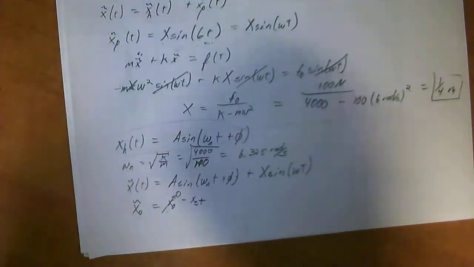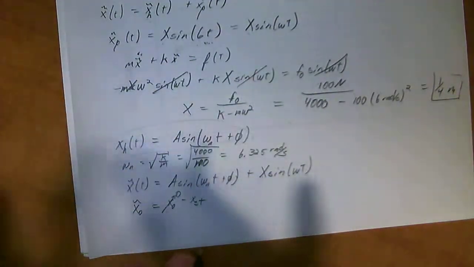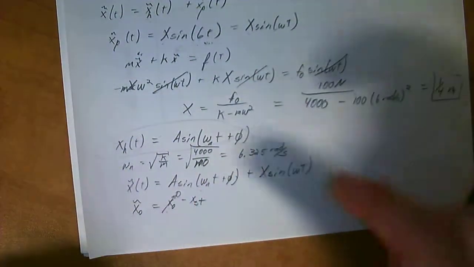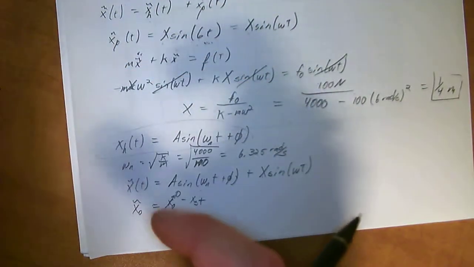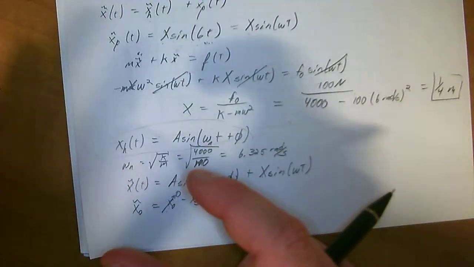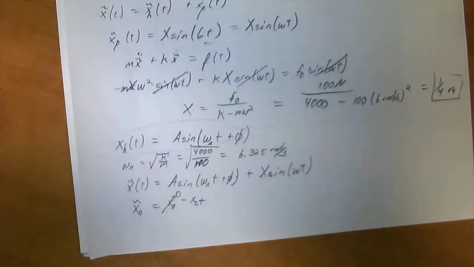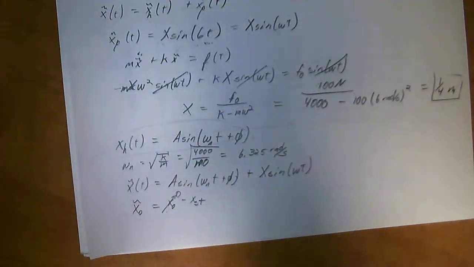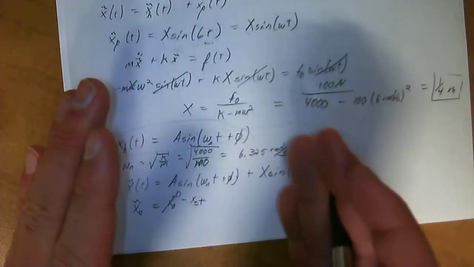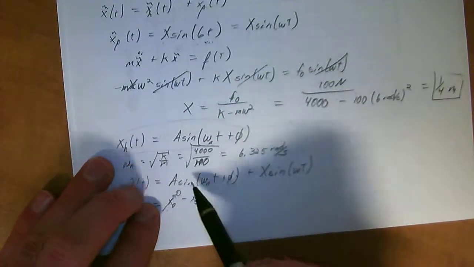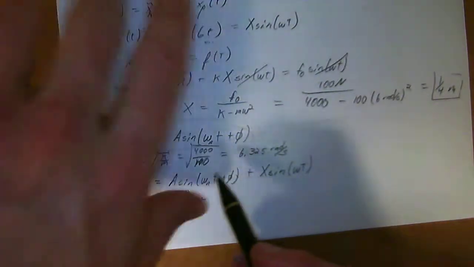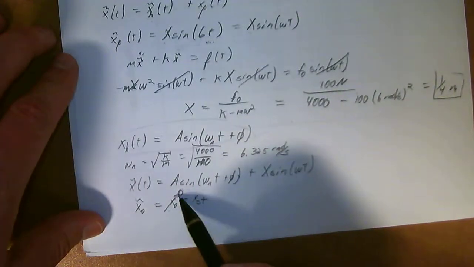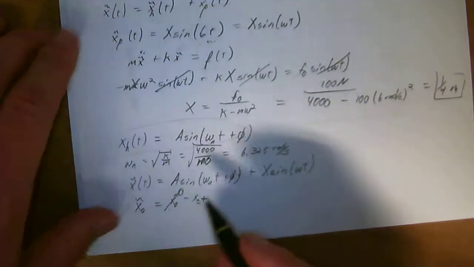So basically, you're saying I'm going to set this block, push it up the hill so that you don't extend the spring and the spring exerts no force on the block, and then I'll release the block from that position. It'll fall into equilibrium, and then I'll start the forcing function. You have to start from where you let go of the block and let it fall into the static spot.